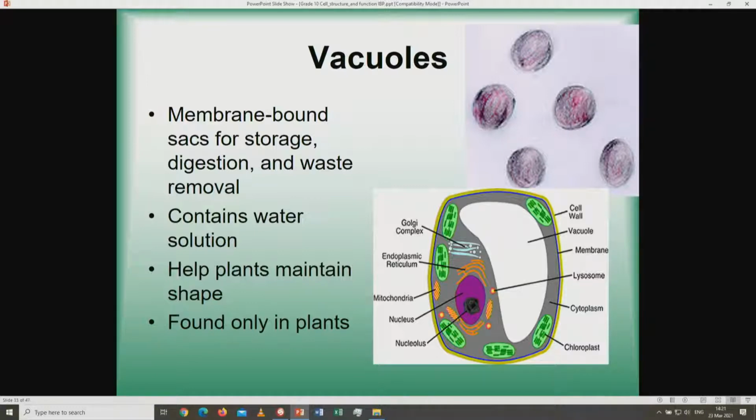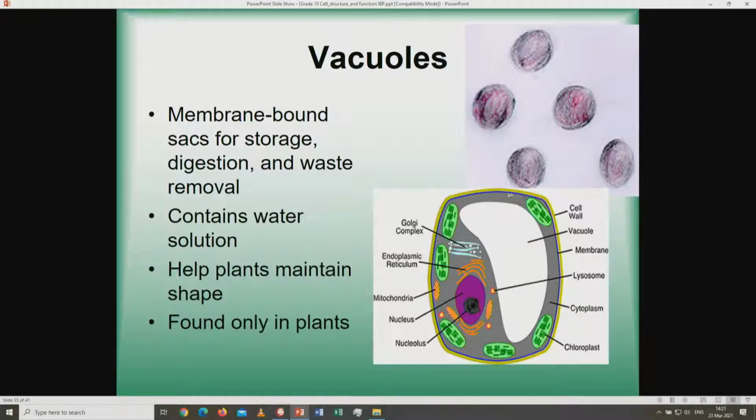So if you look at the vacuole on the side here, this is a very nice picture just to go through everything that we have discussed so far. You'll see that the vacuole fits quite a big part of the cell. It takes up a lot of space. The cell wall is on the outside of the plant, which protects it, as we said.